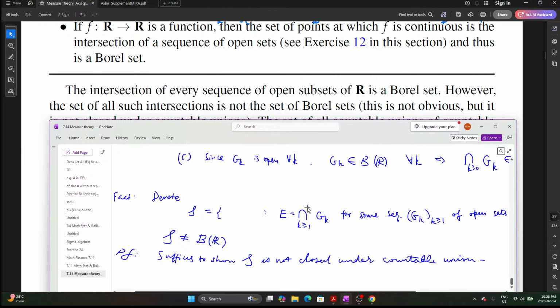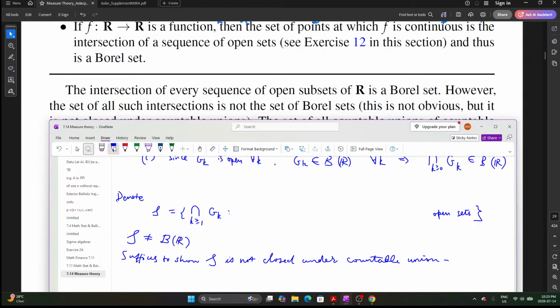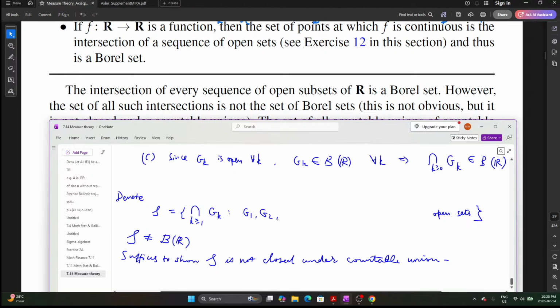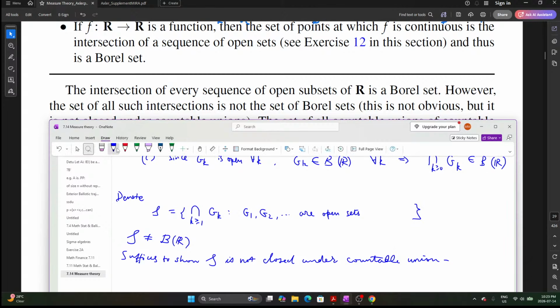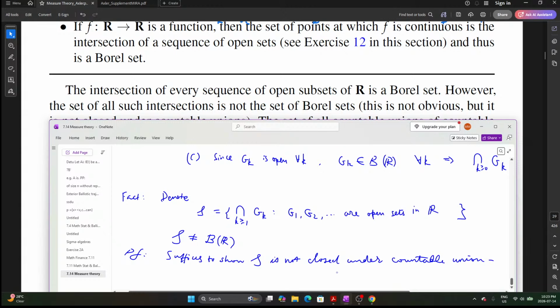S is the set of all intersections of G_k such that G_1, G_2, and so on are open sets. So this is not the Borel sigma algebra on R. It suffices to show S is not closed under countable union.